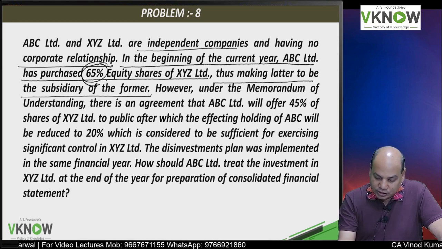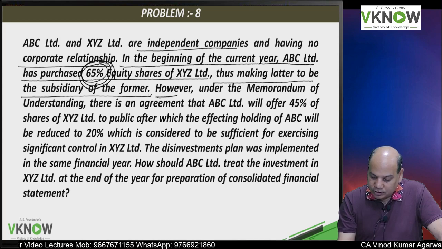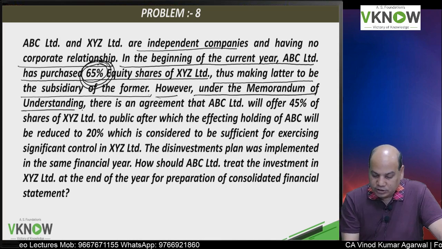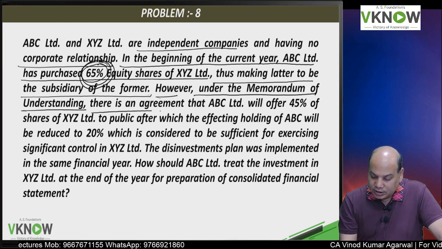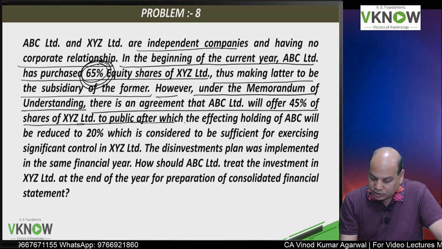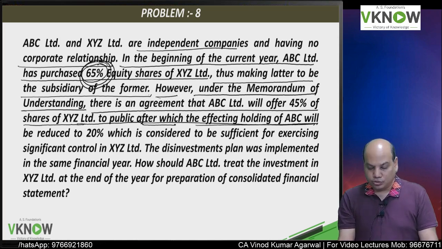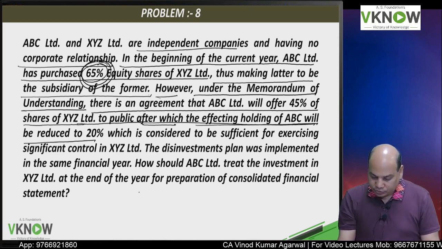So initially the relationship was parent and subsidiary. However, under the memorandum of understanding, there is an agreement that ABC will offer 45% share of XYZ to public, after which effective holding of ABC will be reduced to 20%.